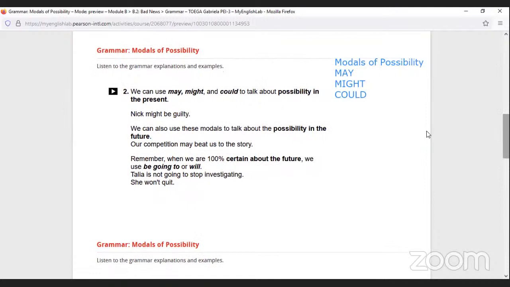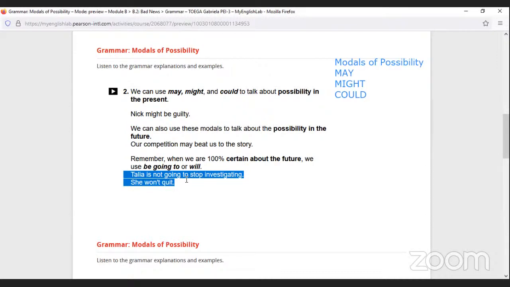So in this part, as we can see, we can use these modal verbs. And after these modal verbs, of course, we can use be going to or will, when we talk about possibilities in the future, okay? But these are more like sentences or planning in the future, okay?